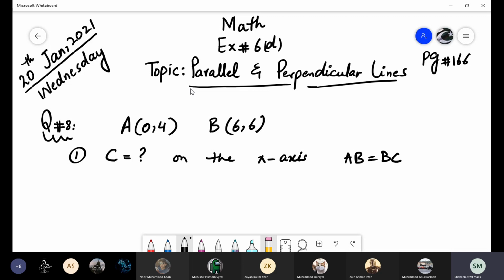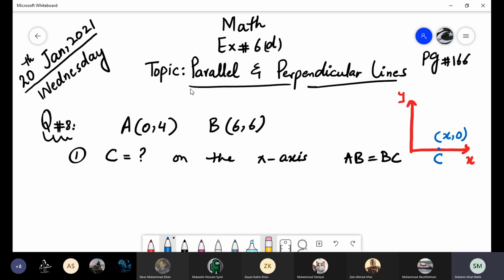So boys, if these are your x-axis and y-axis, point C is somewhere here on the x-axis. On the x-axis, what will be the value of y? Yes, x will be x and y will be 0. Very good. So now we have the point C.